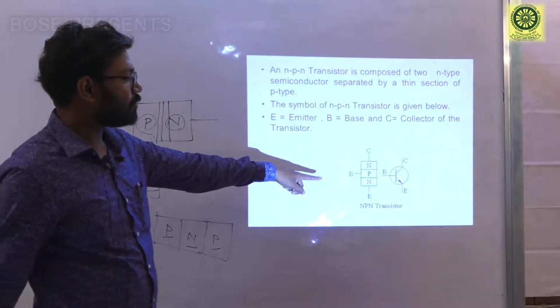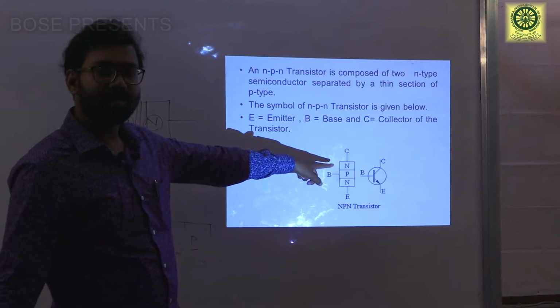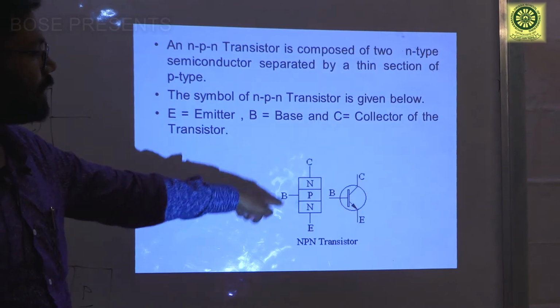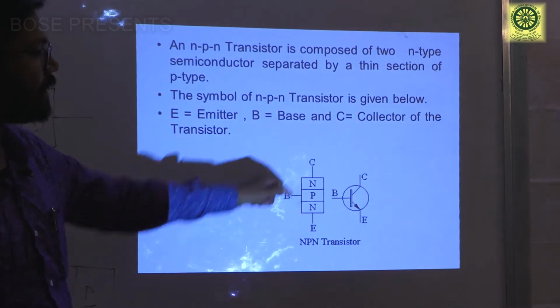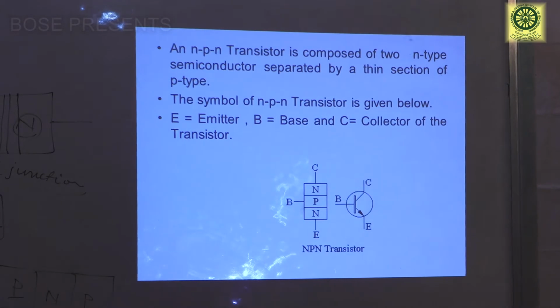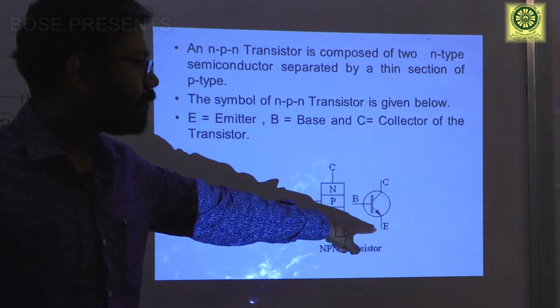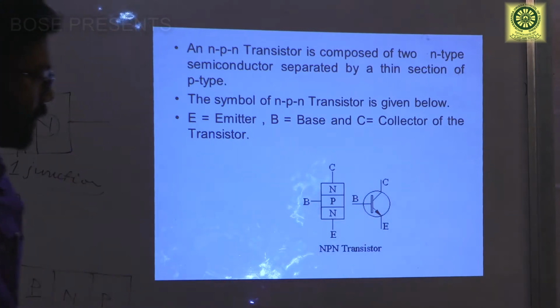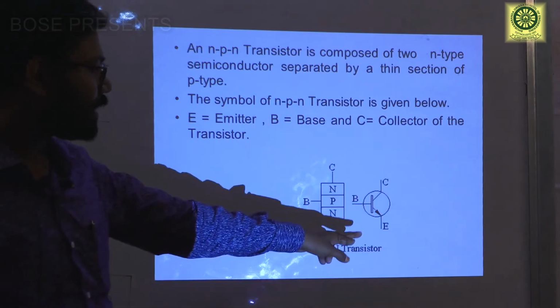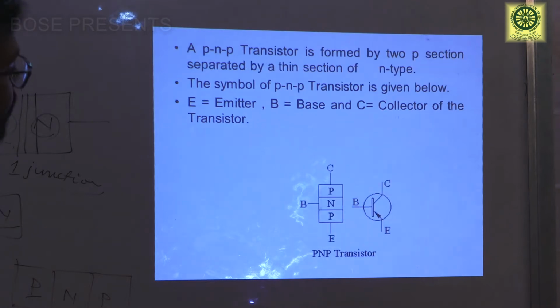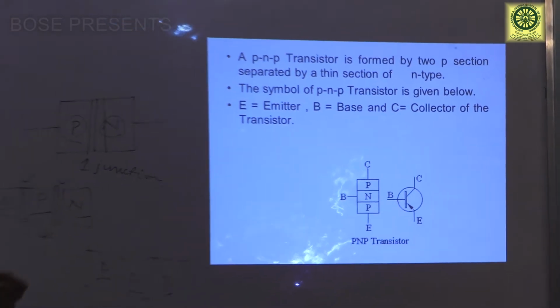From here we can see that in the NPN transistor, from each layer we make a connection out, so from each layer we get one terminal. So we have three terminals: emitter, base and collector, and that is the symbol of the transistor. There is an arrow mark on the emitter terminal which indicates the direction of current. A transistor can be of two types, NPN or PNP.